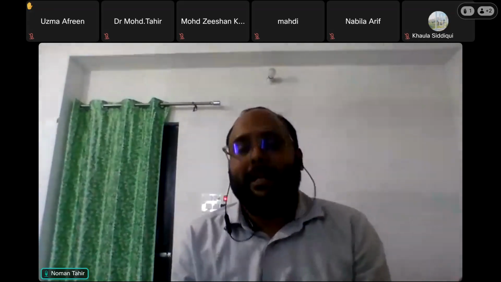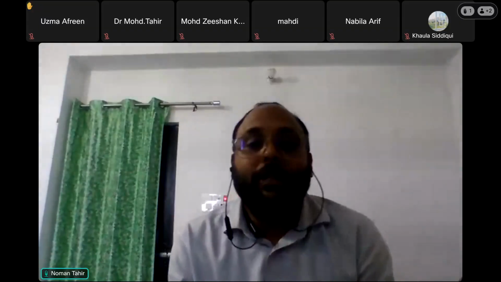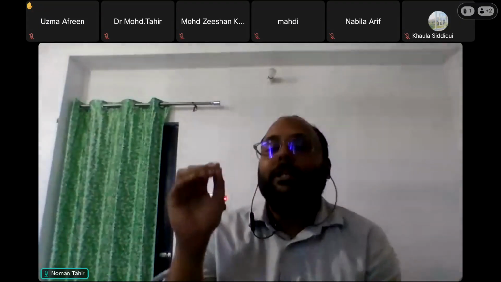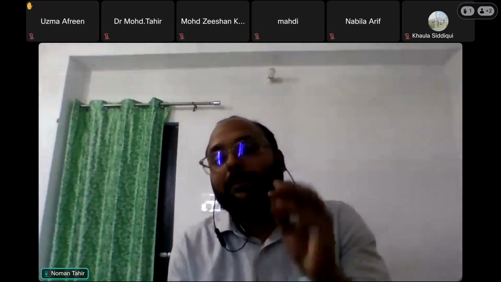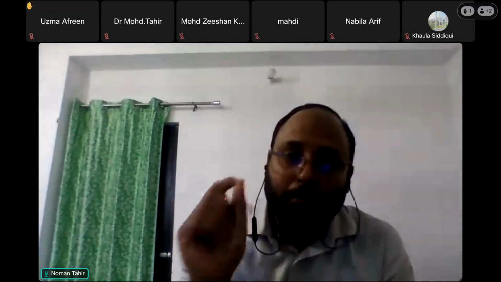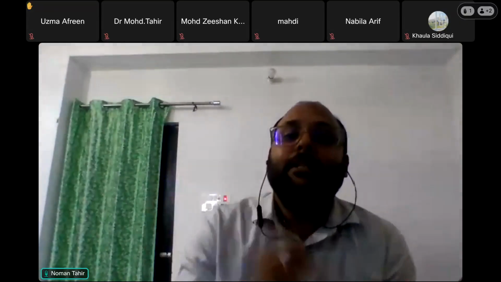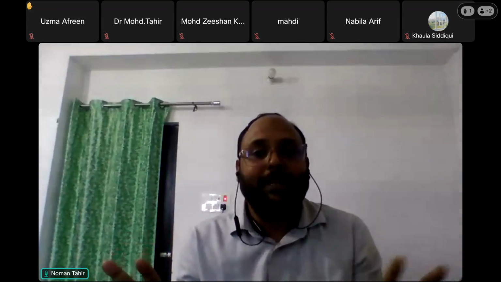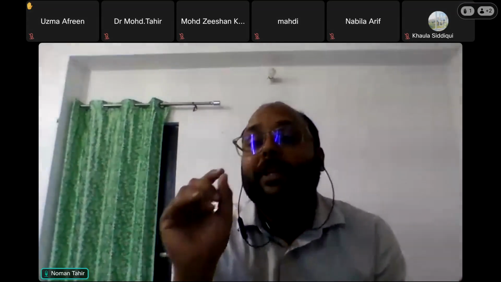Now come to another scope, which is the types of words in a language. Basically in Urdu, Hindi, or English, we have three types of words. One is simple words, another is compound words, and the third one is complex words. Compound words we have already discussed in compounding. Simple words means the free morphemes.